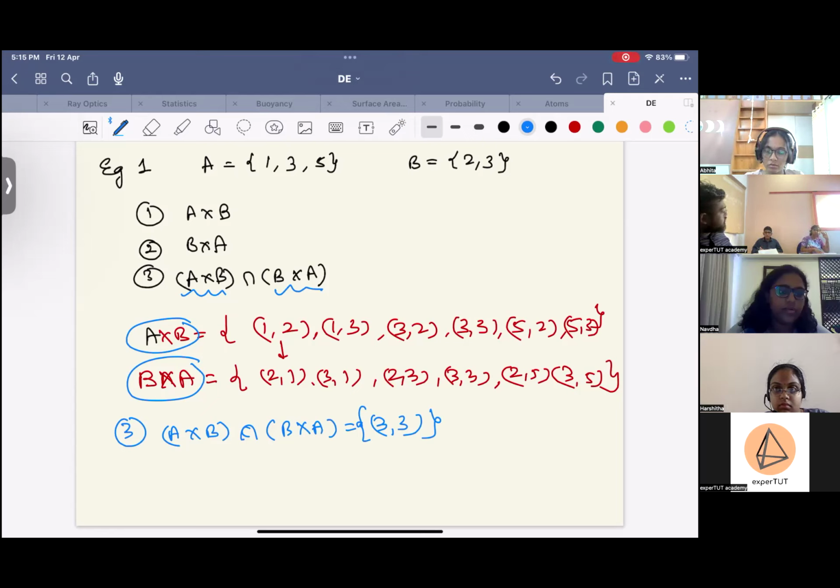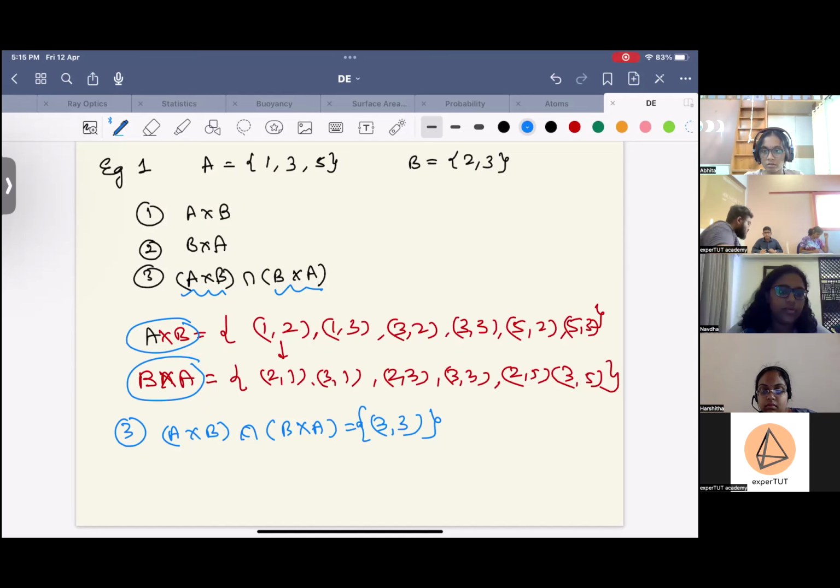Only 3 comma 3 will be common. Guys, have you understood that the answer is just this 3 comma 3? Yes, sir, I understood.